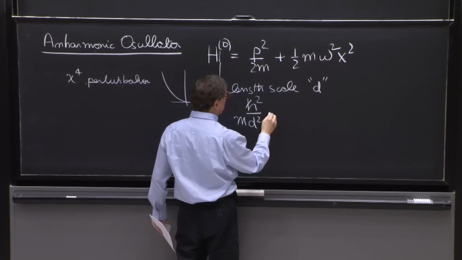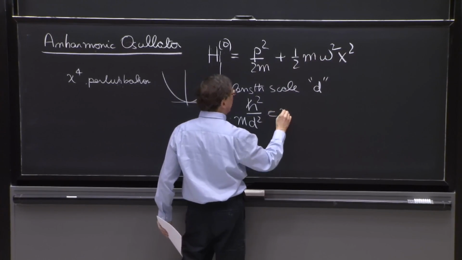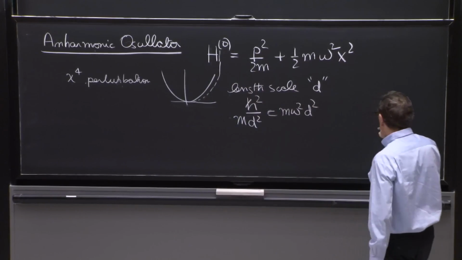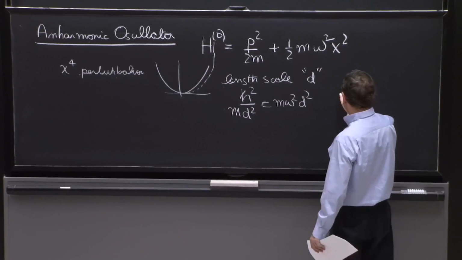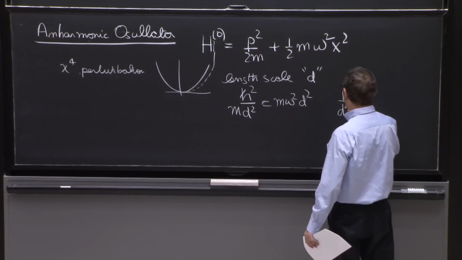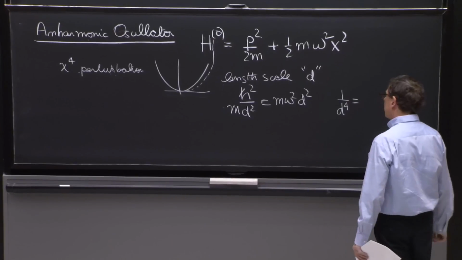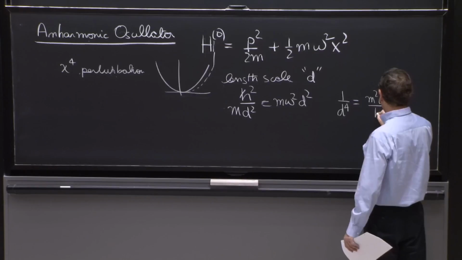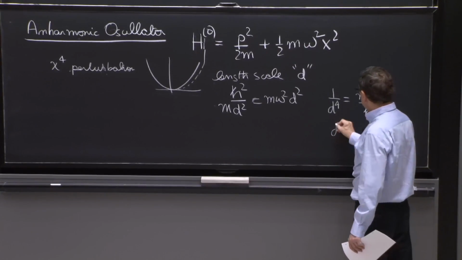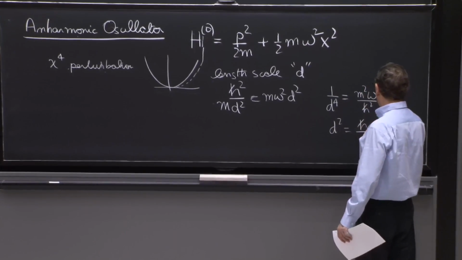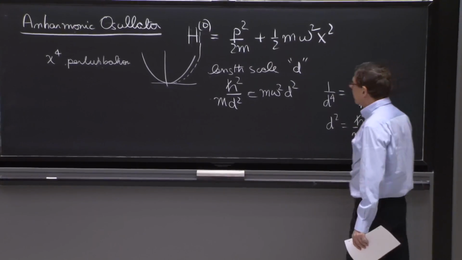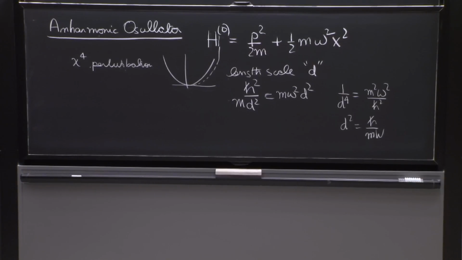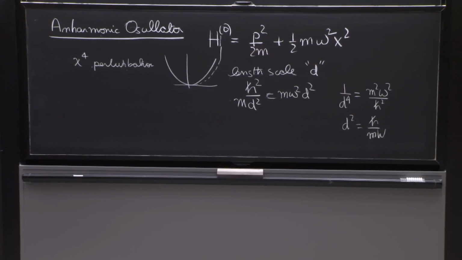And this is an energy too, so we can set it equal to m omega squared d squared, from where we get, for example, that 1 over d to the fourth is equal to m squared omega squared over h bar squared, and d squared is equal to h bar over m omega. So that's a length scale, something with units of length in the harmonic oscillator.